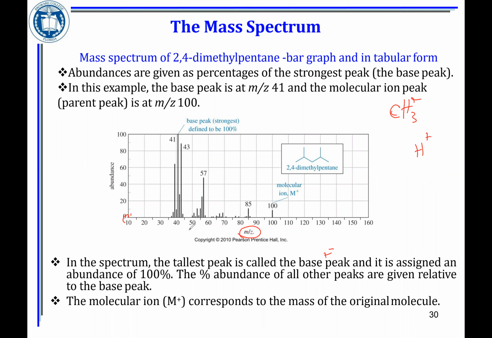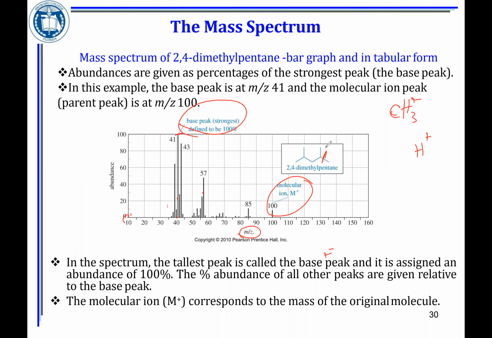So the highest mass that is showing is the mass of the molecule, or molecular ion. The one with the highest abundance is known as the base peak. So know the definitions. What are other peaks? Other peaks are fragments. Let's say you have a cut through this methyl group. What is left here is 85, which is 100 minus 15.